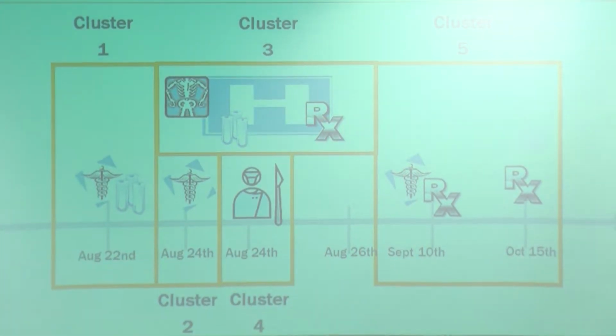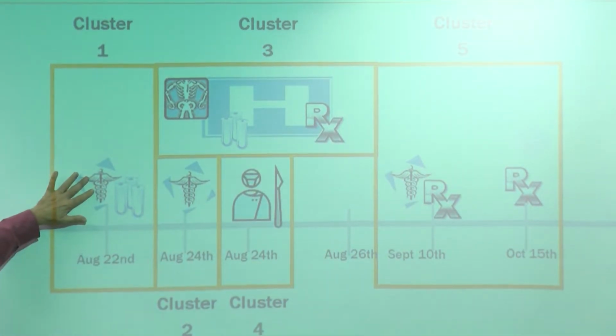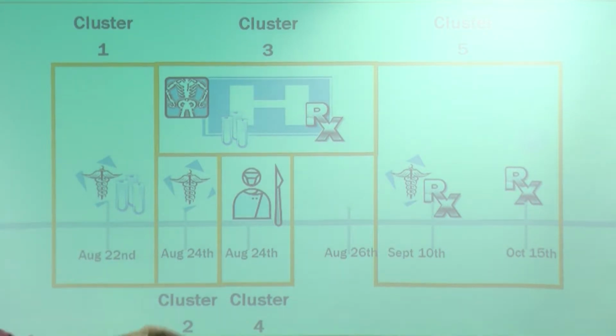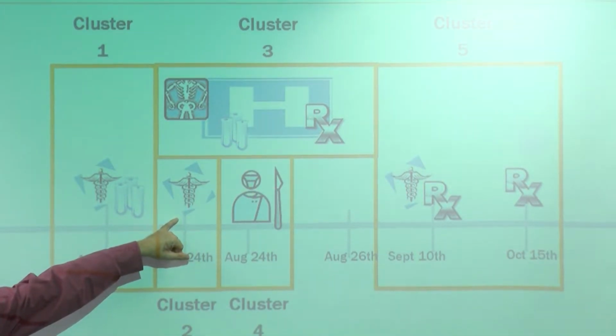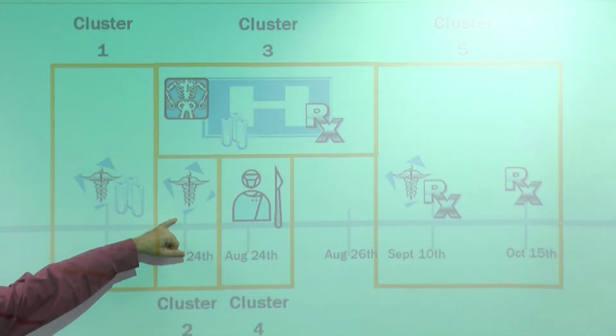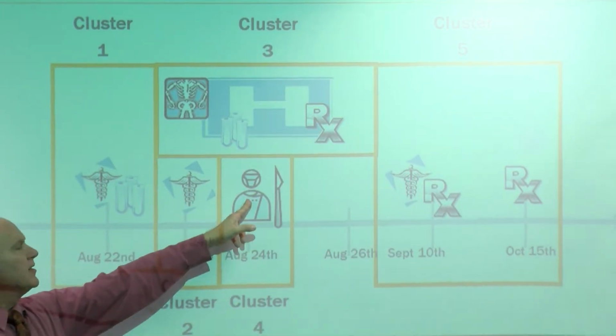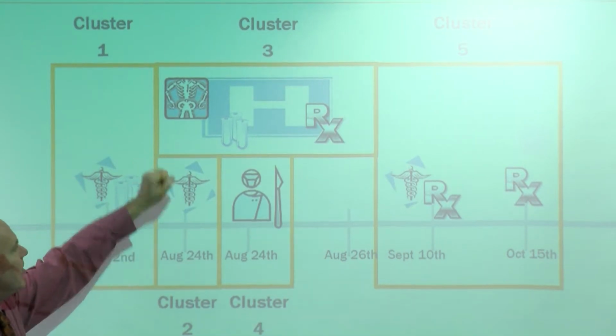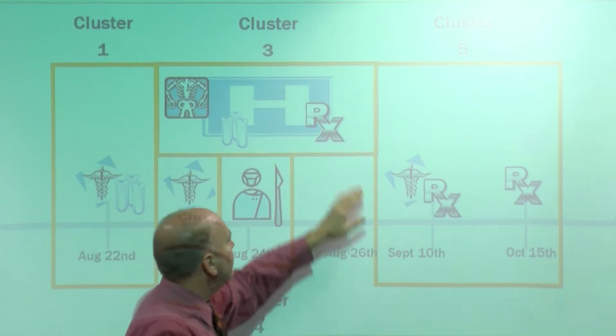So what we do is we look at things that happen nearly at the same time. They had a physician office visit and some lab work done. A couple of days later, they went back and saw their doc, and it's like, oh my God, I'm feeling absolutely horrible. Doc says, okay, go see the surgeon. The surgeon takes you to the hospital, a bunch of stuff happens in the hospital, and then kind of nothing happens for a little bit because you're in the hospital.